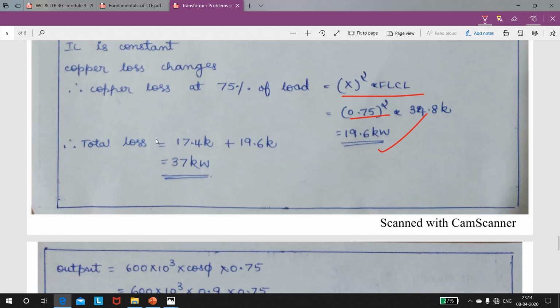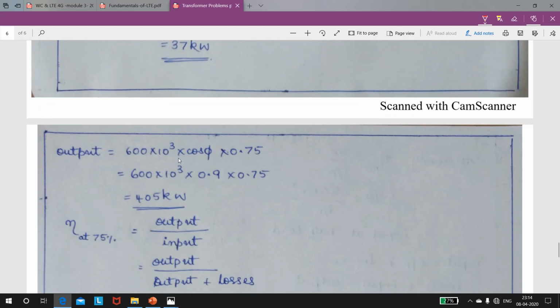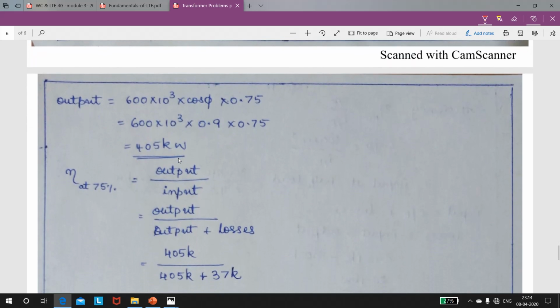Now total loss: this is your iron loss which doesn't change, and this is the copper loss that changes. So if you add these, you will get the total loss. Another thing that you have to calculate is the output at 75% of the load. This is your 600 kVA that is given, into the power factor, will give you kilowatts, into the type of the load, 0.75, that is 75%.